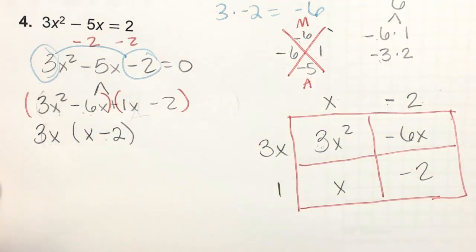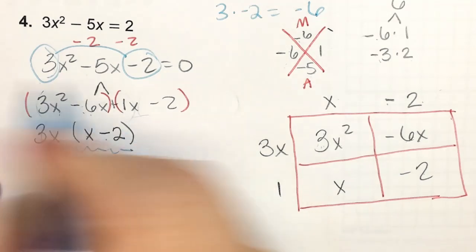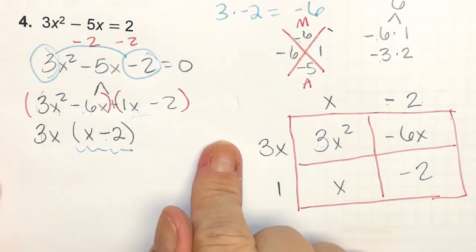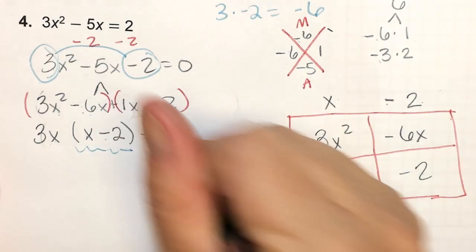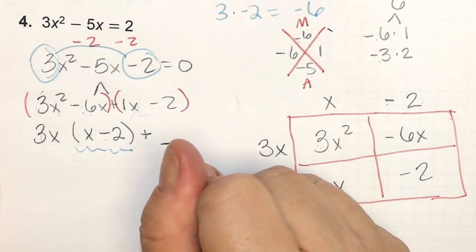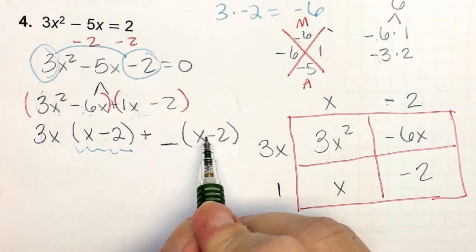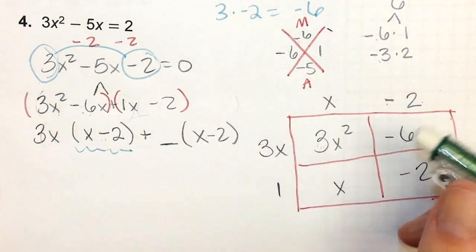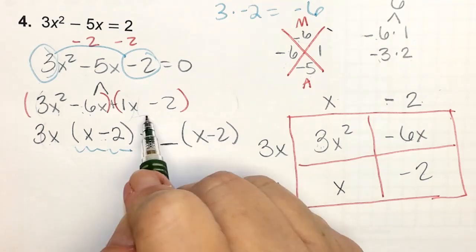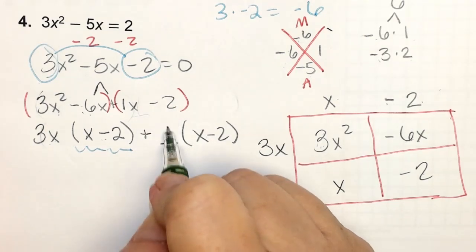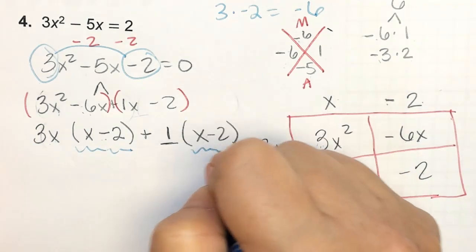So here's the thing with this method though. Whatever you get here, you have to get again. So what I mean is we're going to put a plus sign here. We need to find a factor here, but this has to be x minus 2. These two parentheses have to be exactly the same. So if you factor out from here, you would only be able to factor out a 1 to make this the same as that one.